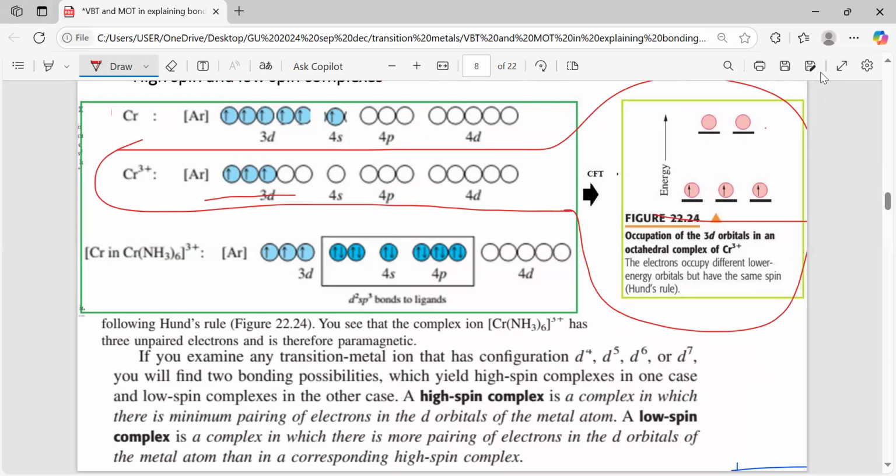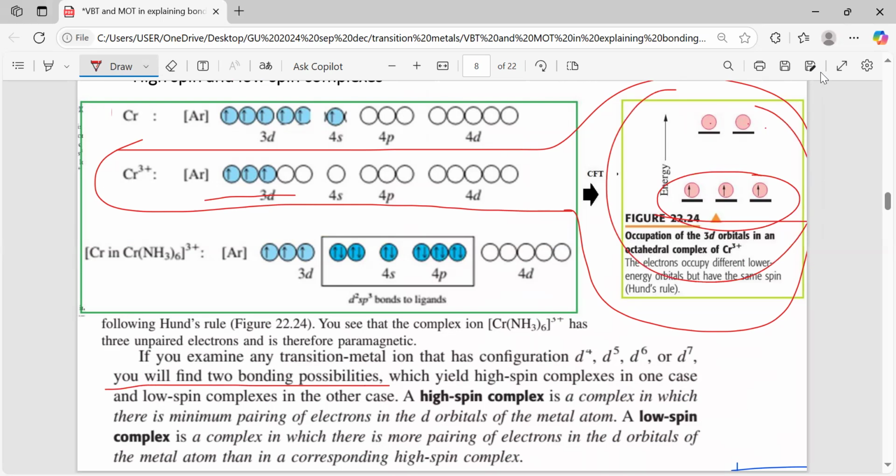But all of them have already occupied and there's nothing extra to jump there. So it is already a low spin complex because there's no pairing possible here because the orbitals are free enough for everybody to get a room. If you examine any transition metal ion that has a configuration D4, D5, D6, D7, you'll find two bonding possibilities. So we want to see other complexes or other metal ions that have more than one possibility of bonding. For chromium, it's straightforward. This is the only way it can bond. It cannot jump up there, okay?